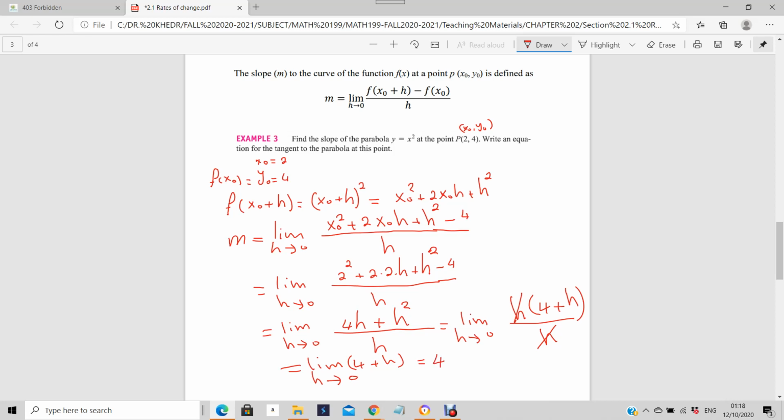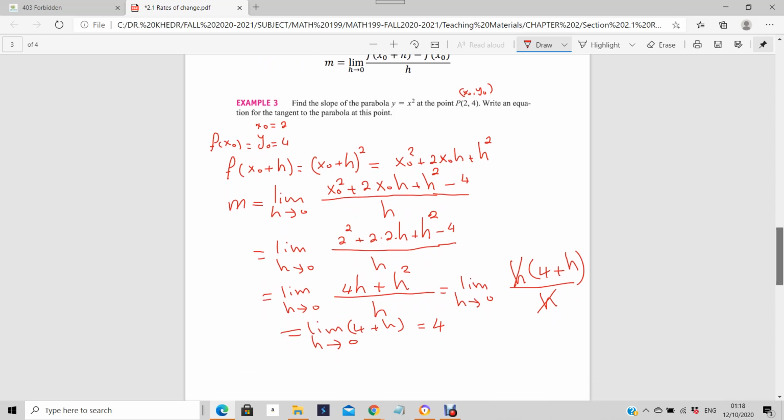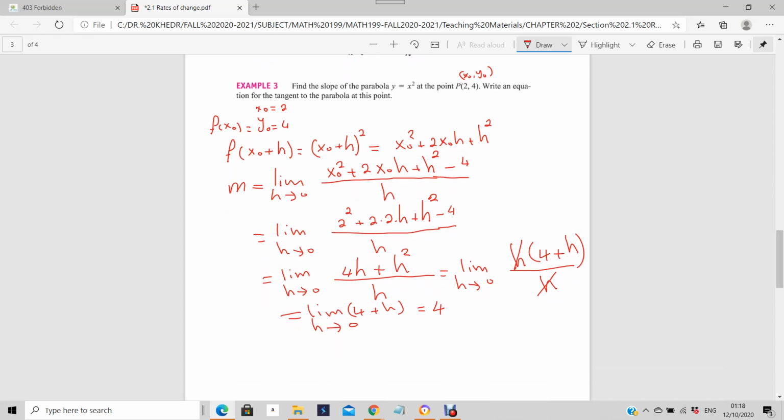So the limit here is equivalent to 4, which is the slope of the tangent line to the curve of this function at P with the coordinates (2, 4). So at x equals 2, the slope of the tangent line is 4. If you graph y equals x squared, you will find that at this point the slope of the tangent line is 4.